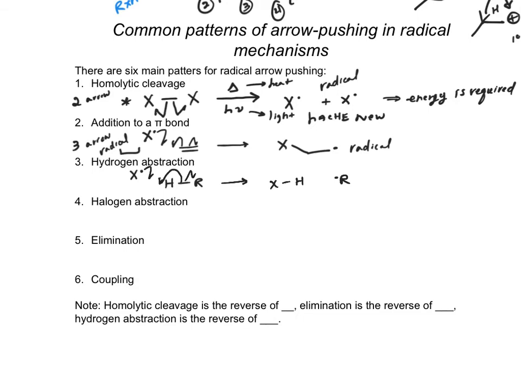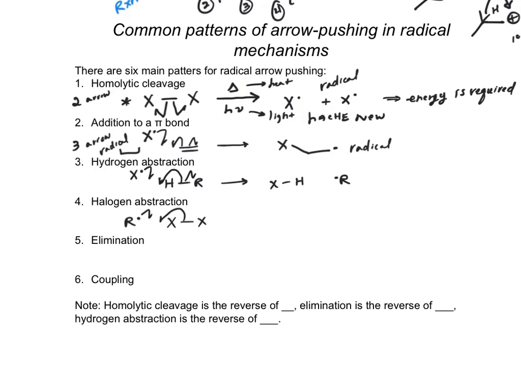Okay, then in another step, this is called halogen abstraction. What's going to happen is we're going to have a radical, usually an alkyl radical, come along. It's going to react with a halogen, and it's going to do essentially this exact same thing that we saw for hydrogen abstraction. It's going to form a bond with a halogen now. Again, one of the electrons is going to come from the radical.